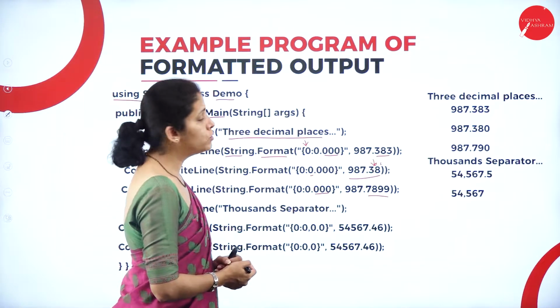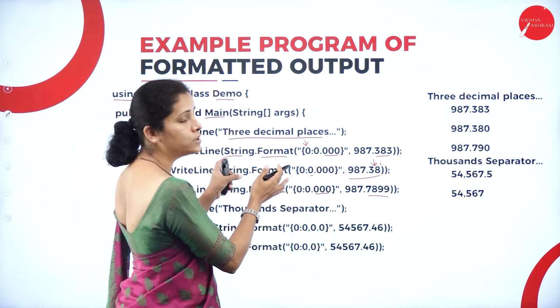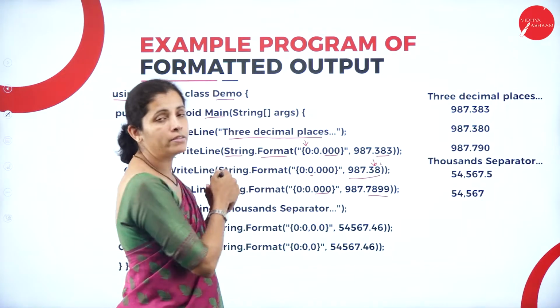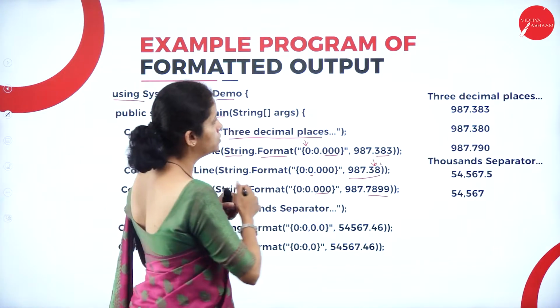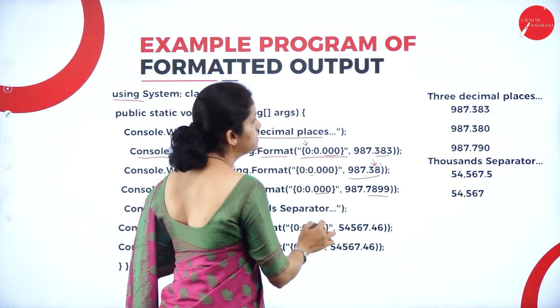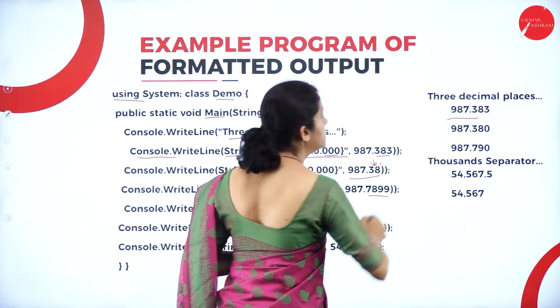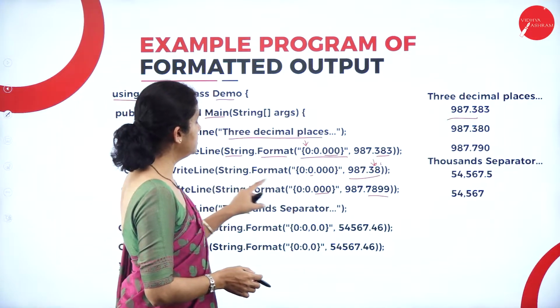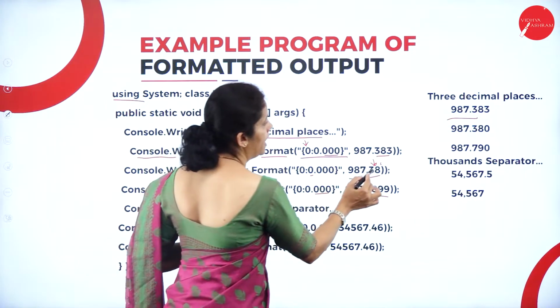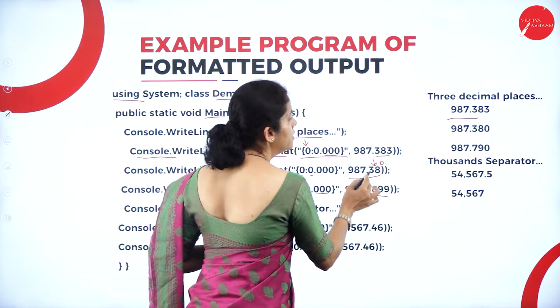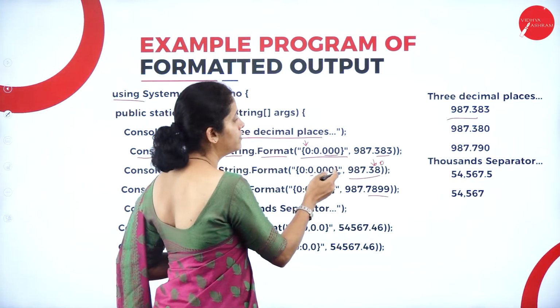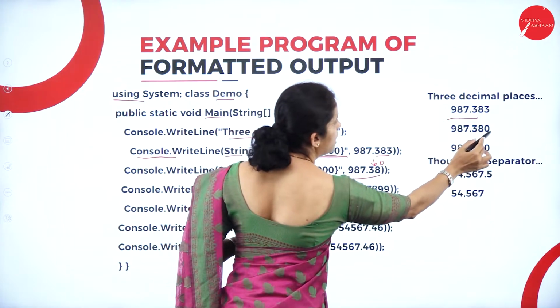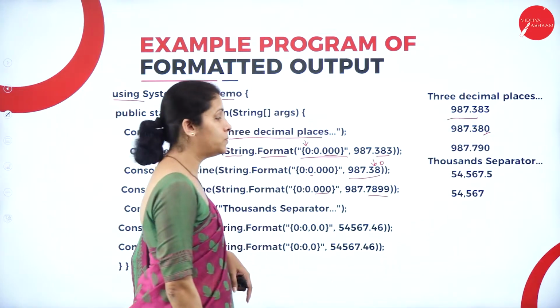Now if I want to format this output, I'm going to have the formatted output. If I write like this, then I'm going to get the output 987383. And if I consider the second one, I want 3 decimal digits after my dot. So I'm going to append 0.